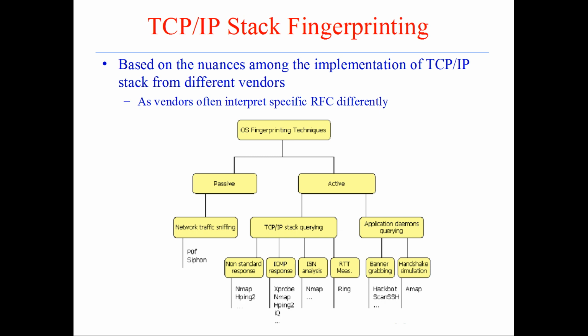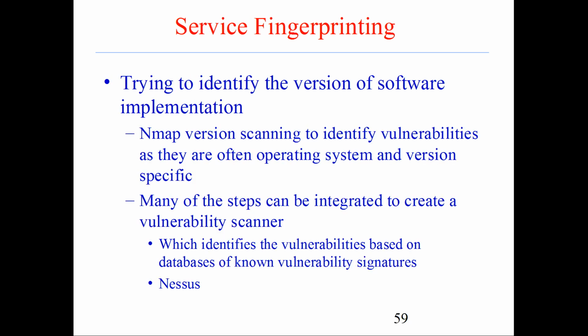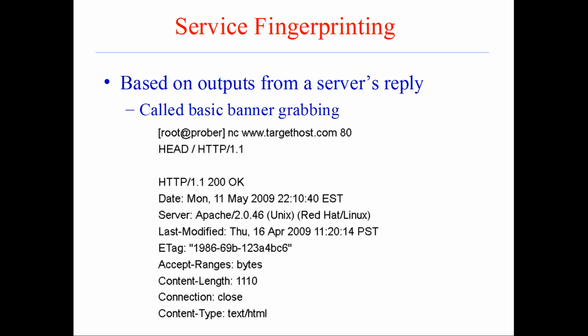The nuances in how things are implemented allow you to fingerprint these things. If you can detect exactly what version something is, you can provide all the known vulnerabilities for that version. This can be integrated to provide basically a vulnerability scanner, and tools like Nessus will provide that at a network layer. However, Nessus has gone from free to now you have to pay for it.